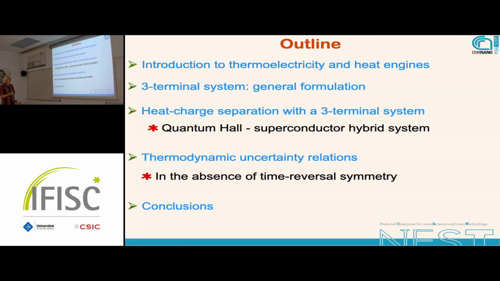Then I will speak about how we can get heat charge separation in a three-terminal system. And finally, I will discuss how to implement it in a quantum Hall superconductor hybrid system. Then, as I said, if I have time, I will say something about a work we've done on thermodynamic uncertainty relations in the absence of time reversal symmetry. But this I will just mention in the end.